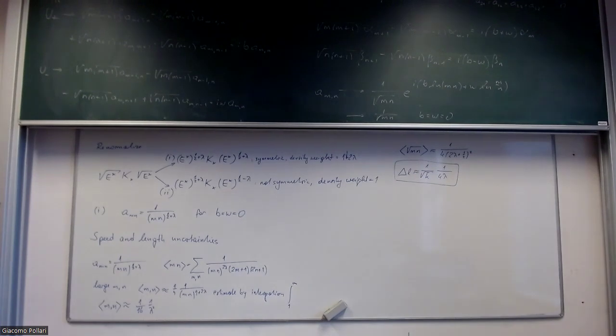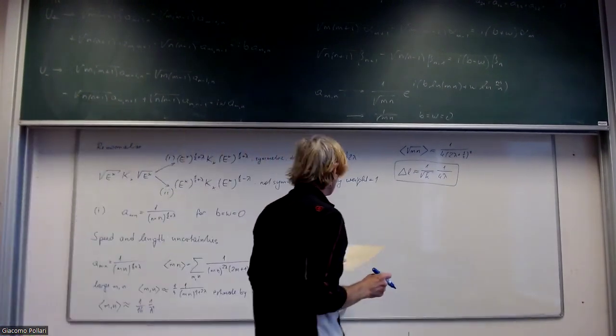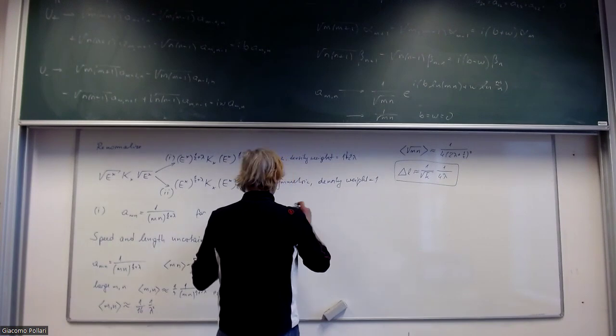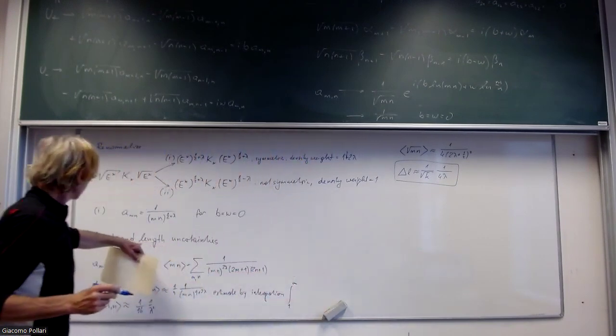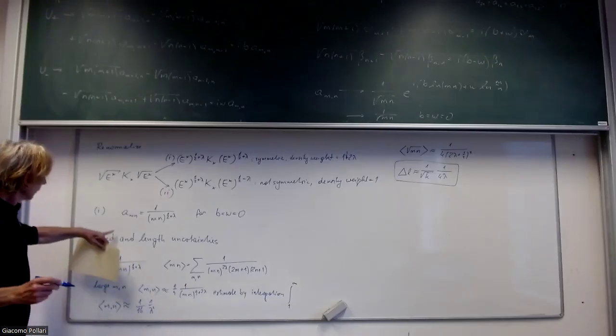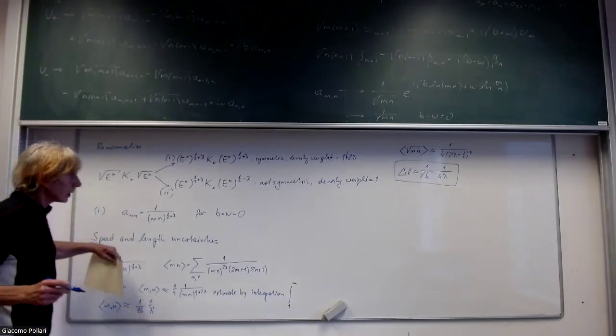So let's make this a little bit more quickly. And then we need the uncertainties of speed of the killing condition.